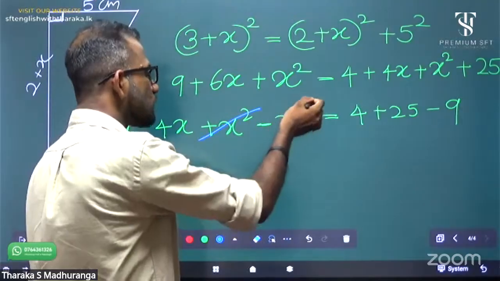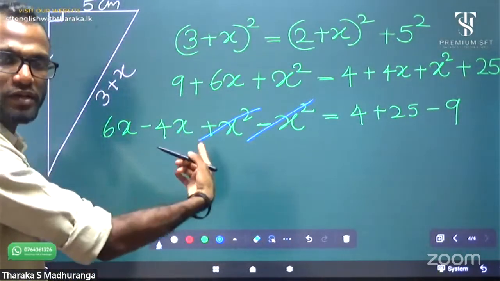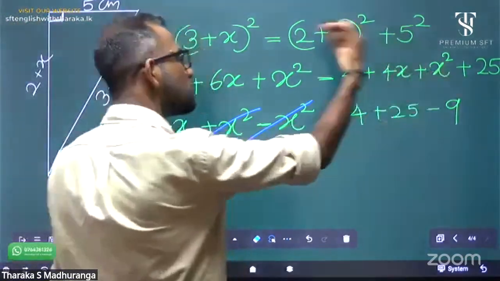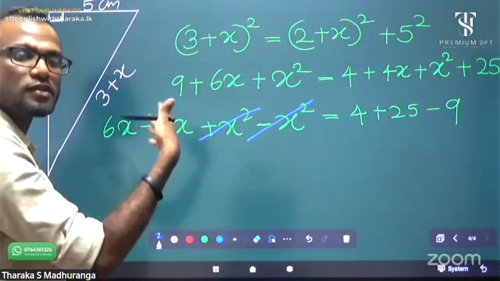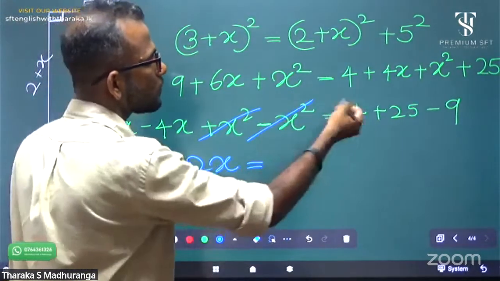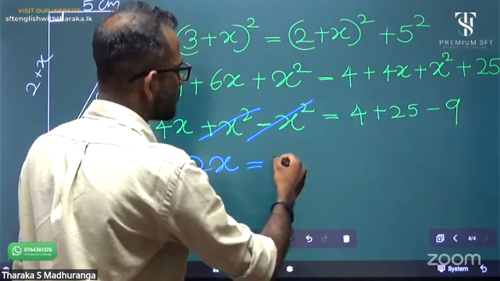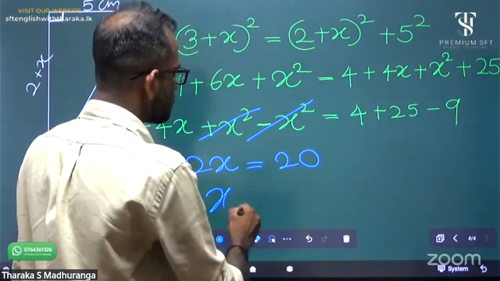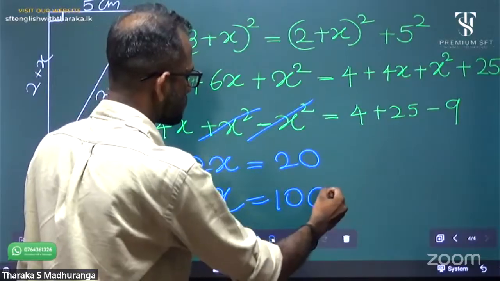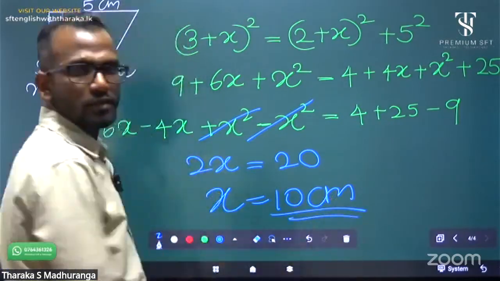Then plus x squared minus x squared cancel out. 6x minus 4x, I got this 4x into the left side, 6x minus 4x is 2x. 2x equal 4 plus 25, 29. 29 minus 9, 20. X equals 10 centimeter, right? Very good, Dino.